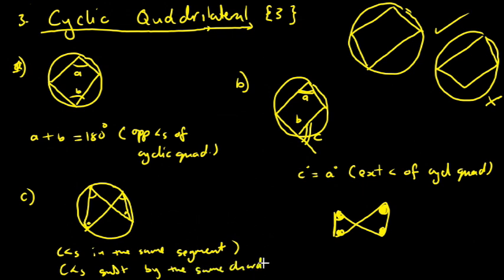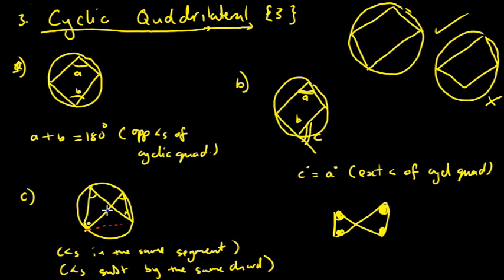And you may ask, which chord now? It's like we have an invisible chord here. Let me draw it. We have an invisible chord here. Yes. So the angles that are subtended by the same chord are equal. So these are the three theorems that we have.